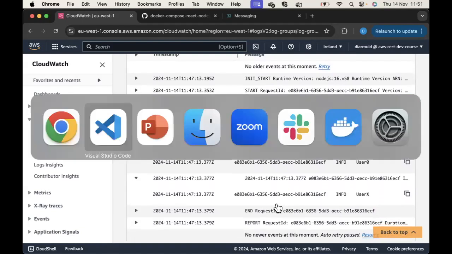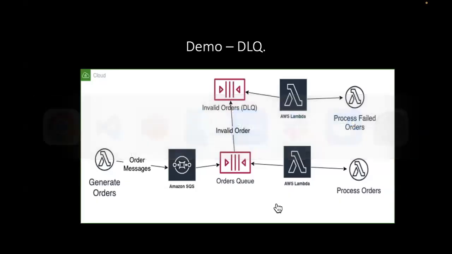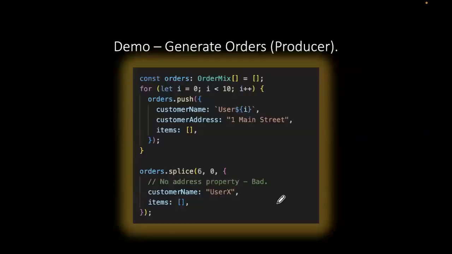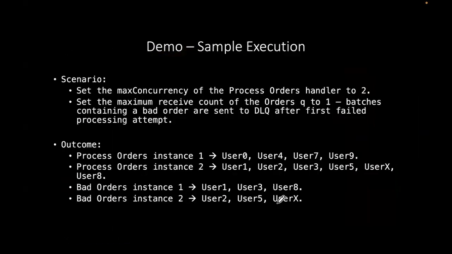Now, let me just go back to here. I just ran it once myself before the lecture. And so we know about this, right? This is the scenario. The max concurrency is set to 2 for both of my lambdas, my process orders and the one that handles the bad orders.